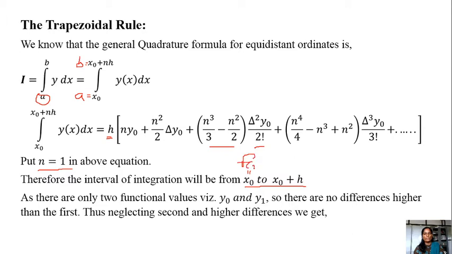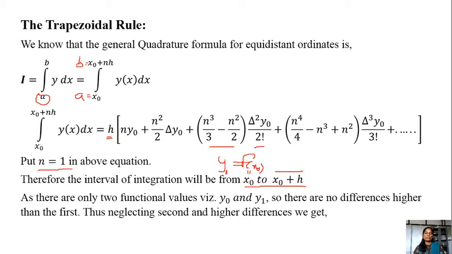So f of x naught is nothing but your y naught, and the next argument is x naught plus h, so the value of f at x naught plus h is y1.